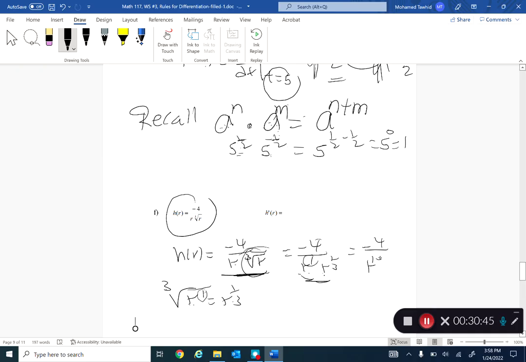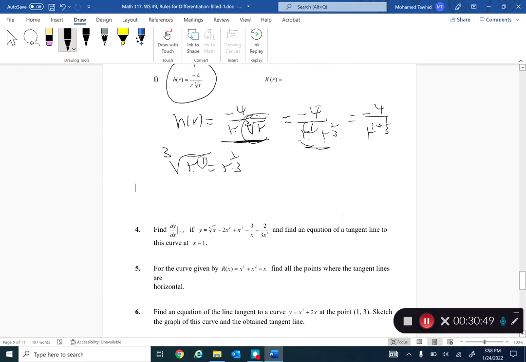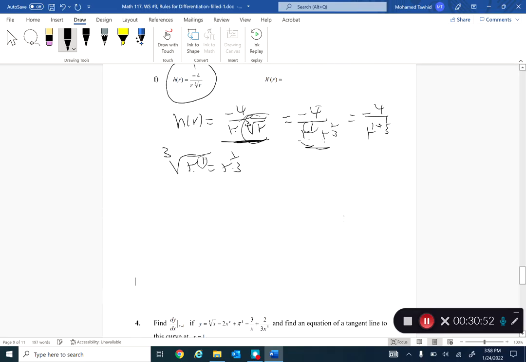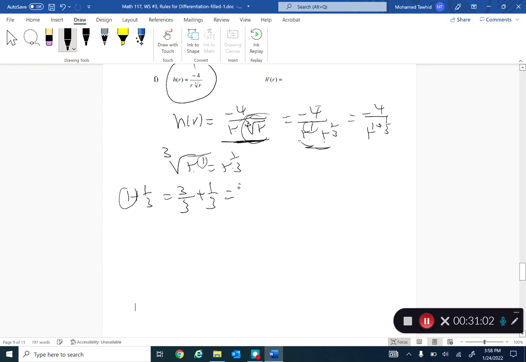How to combine those? I could write 1 here as 3/3 plus 1/3. So what did you get? You get 4/3.